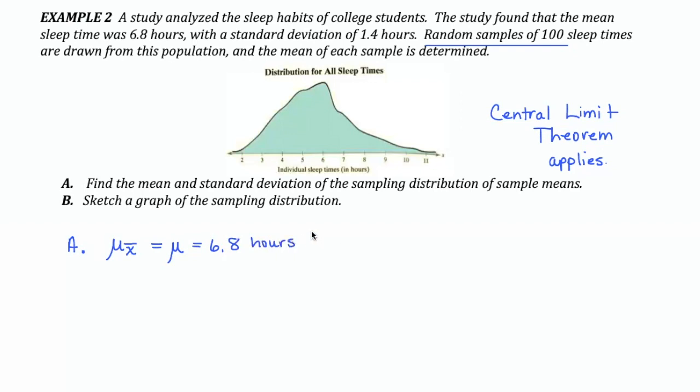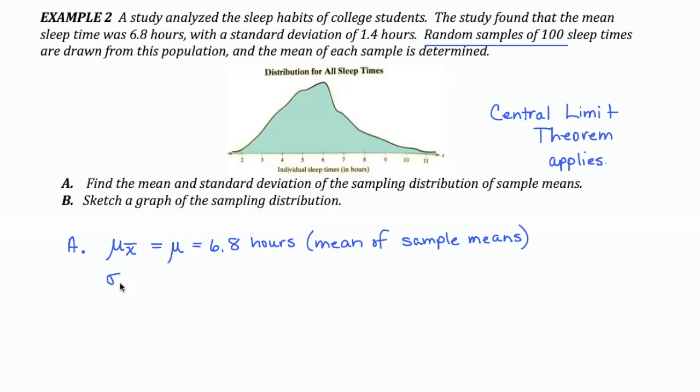So again, this is now called the mean or the average of the sample means. So picture taking a sample of 100 sleep times, adding up those 100 sleep times, and dividing by 100, and writing that down, and then repeating with more samples. We're saying that the average sleep time will be 6.8 hours.